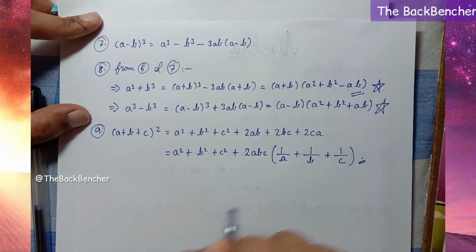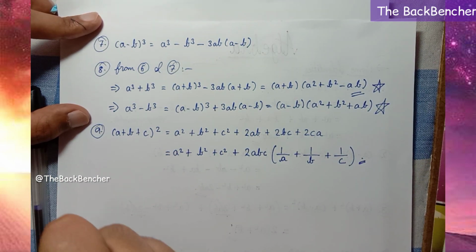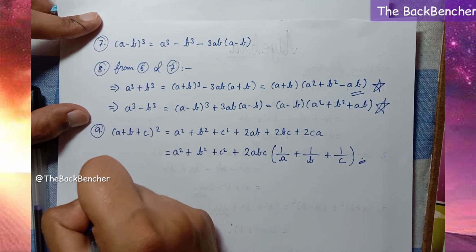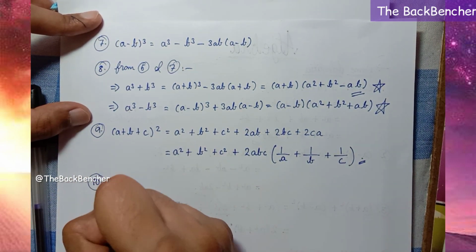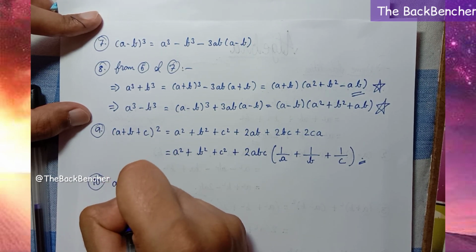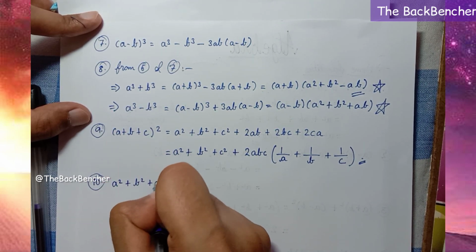This equation is also very important, but this type of question is not asked in the objective type competitions, but it is very important in theoretical examinations like 12th and 10th board.